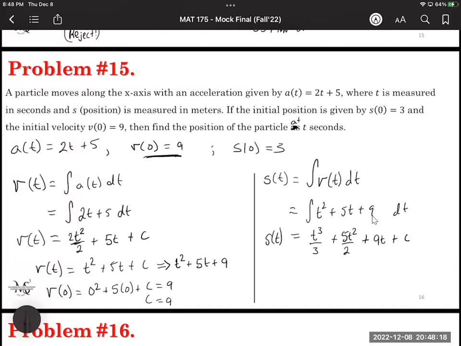However, with the condition that the initial position is 3, this will tell us that s of t now is going to be t to the third over 3 plus 5t squared over 2 plus 9t plus 3. In other words, this value c here, the arbitrary constant, must be equal to 3. Right? And it's the same reasoning as justifying why, for the velocity function, we replace c with 9.